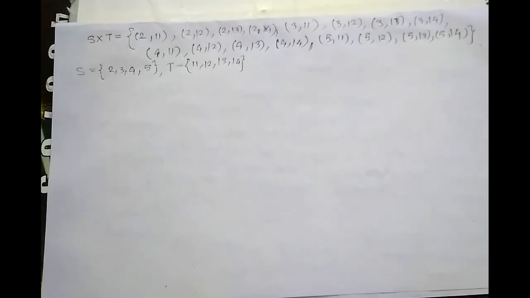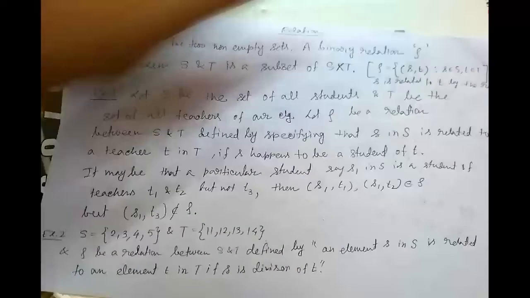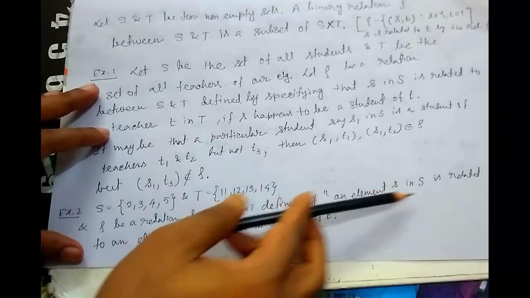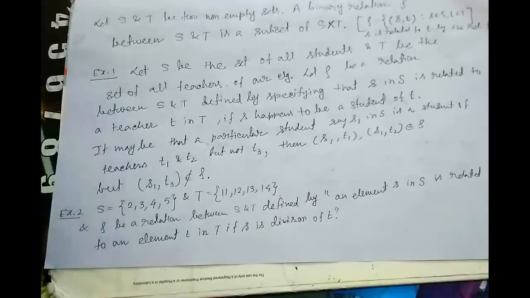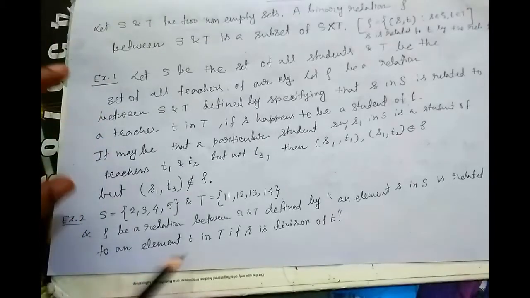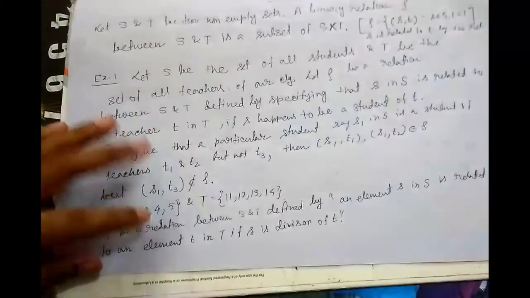Now rho is a relation where a small s in S is related to an element small t in capital T if s is a divisor of t.